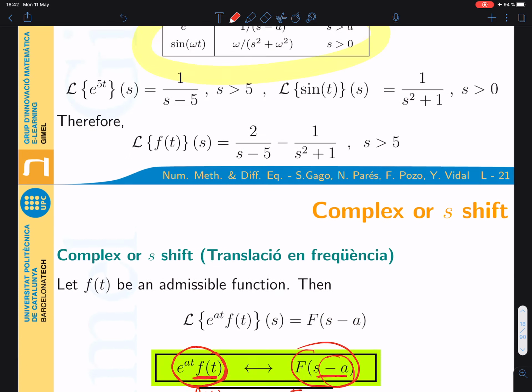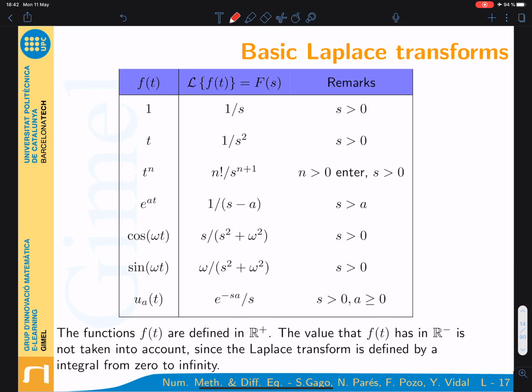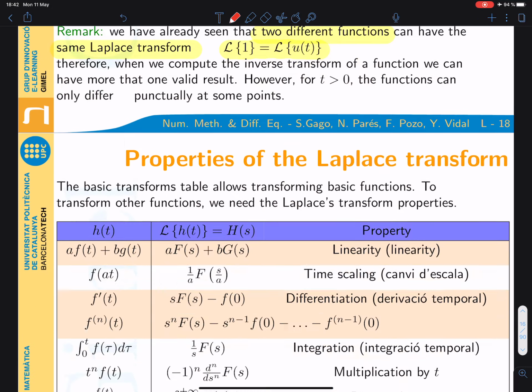Let me go backwards. Here, for example, we know that the Laplace transform of t to the power n is n factorial divided by s to the power n plus 1, yeah? So we can use this here.